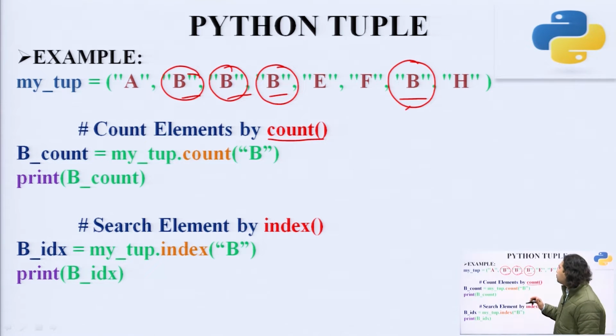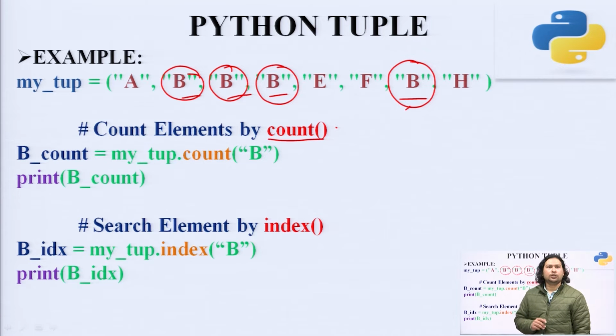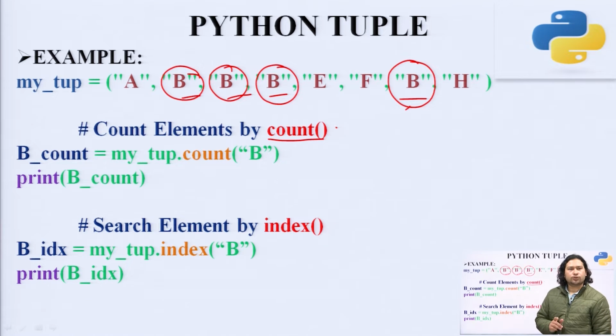One more thing, the duplicate members are totally allowed in the tuple, not because they are at different positions, but because of the indexing principle. It is just like two names, Abhishek or Manish, but they have different roll numbers. In a similar way, here the same information or data holds different index numbers.